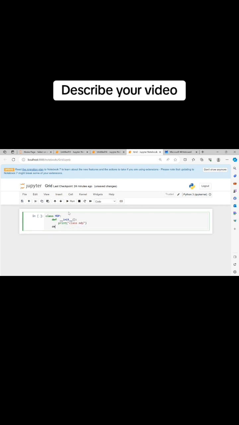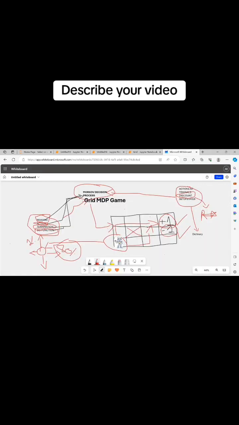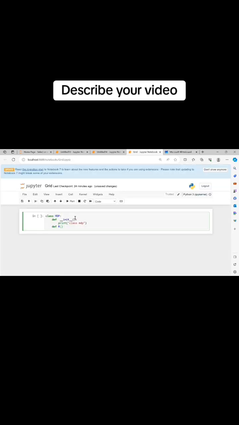Then we have to define the function for the reward. In reward, what we have said is that reward can come on the state. Like this is a termination state and it has +1 reward. It means that the agent will move to this state to get this reward. So in reward we are talking about state, and what we require is that it just returns the reward.